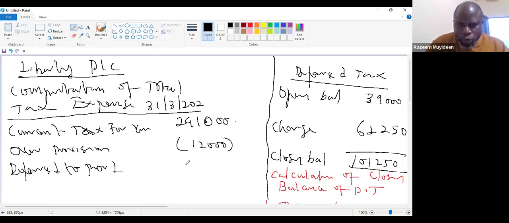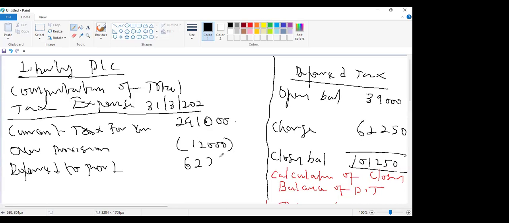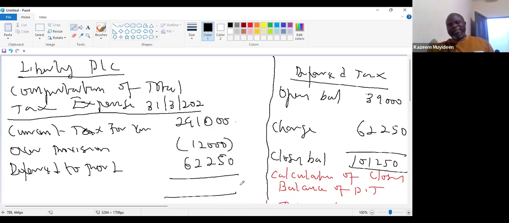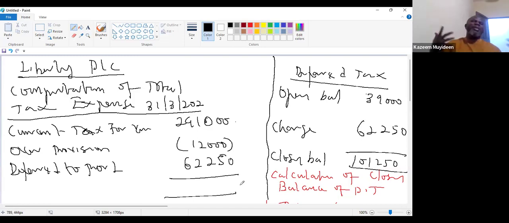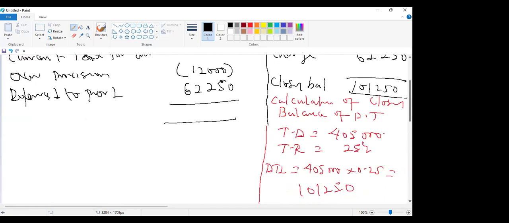Now 62,250. So this is my total tax expense. Don't forget they give us this current tax directly. So in the extract, let's get the figure.